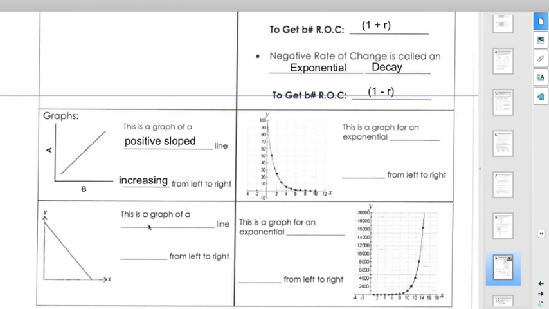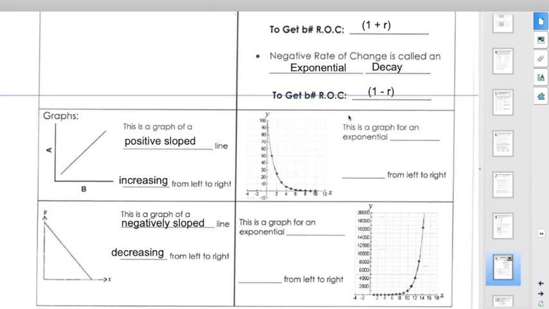Now if we go down here, this graph is a graph of a negatively sloped line. Why is it negatively sloped? Well, because it's decreasing from left to right. We always look left to right, just like we're reading a book. So it's decreasing from left to right. Therefore, I know it's a negative slope.